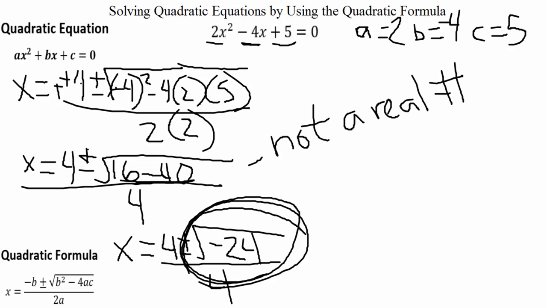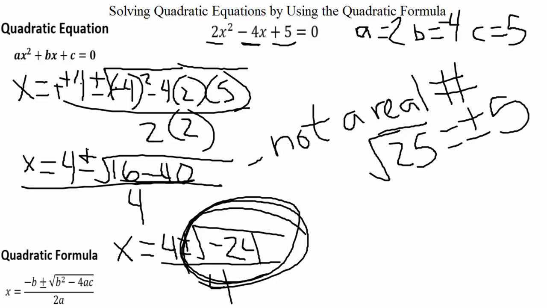And this is why. Remember what a square root implies. Let me use the square root of 25. The square root of 25 is plus or minus 5. It can either be a positive 5 because 5 times 5 is 25, or it could be a -5 because -5 times -5 is 25.